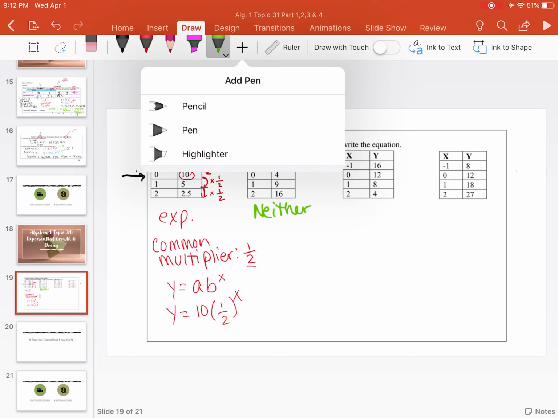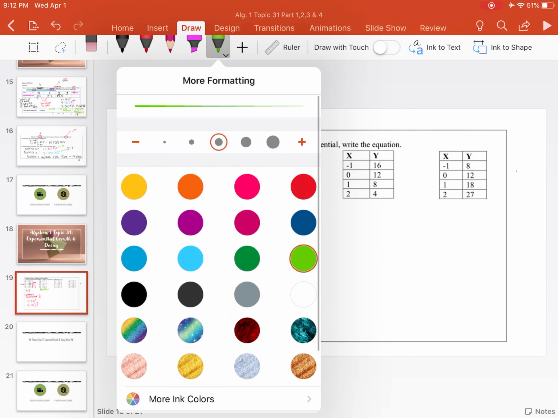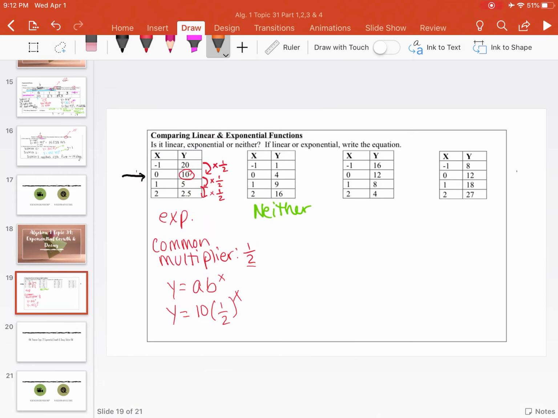For the next problem, let's go with a different color here. For the next problem, we go from 16 to 12, 12 to 8, 8 to 4. Well, from 16 to 12, we can subtract 4. From 12 to 8, we can also subtract 4. And from 8 to 4, we also subtract 4.